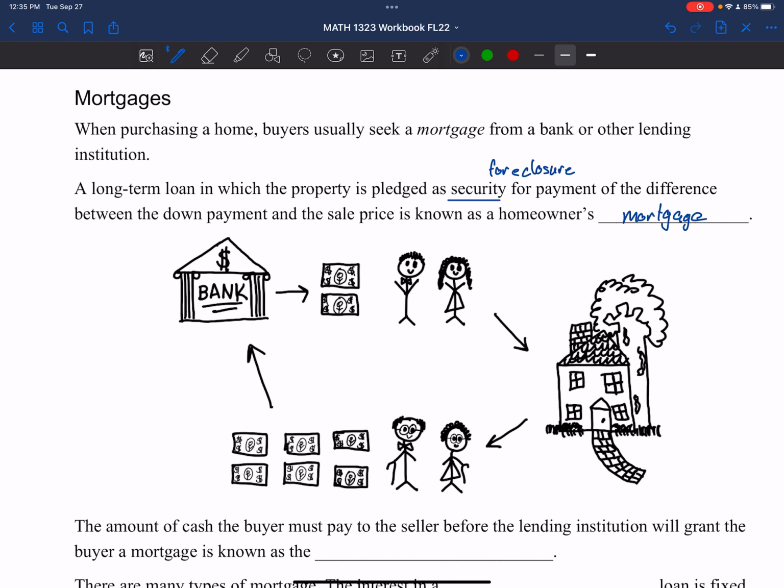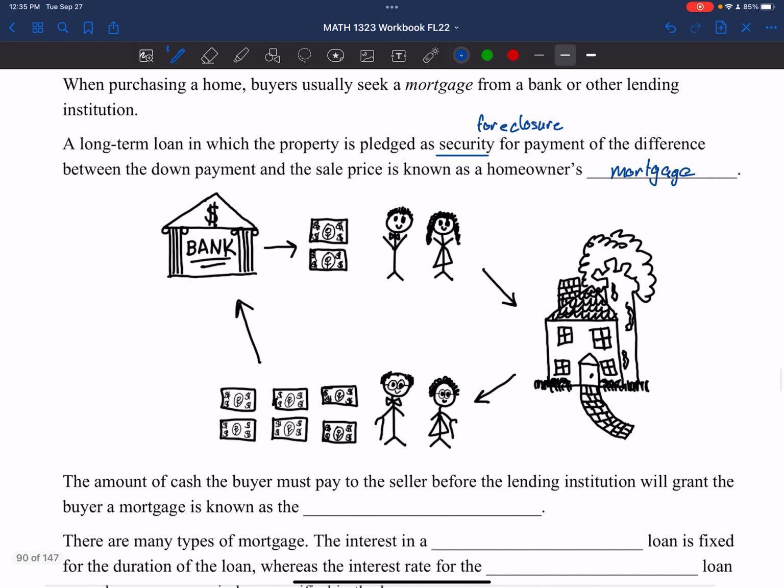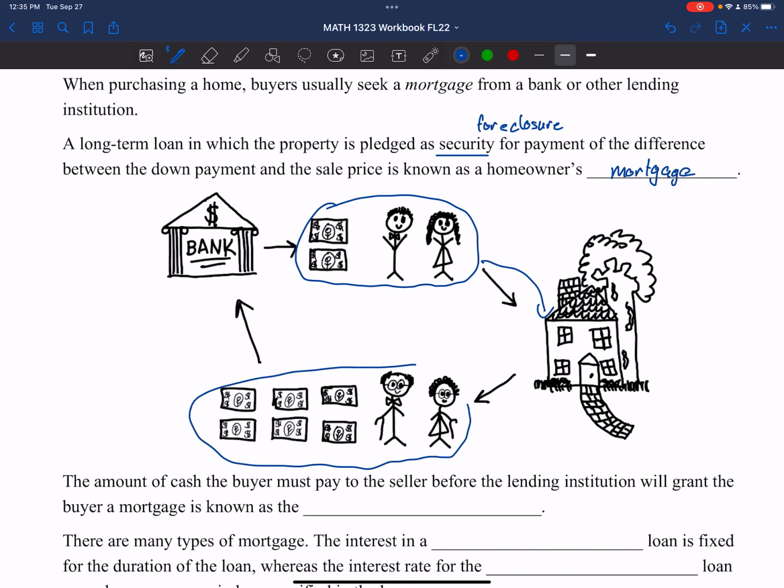The way this works is very similar to the ones above. The bank is going to give you and your family, if you have one, some money. You'll go into the house, and when you're older, typically a mortgage is 15 to 30 years. You'll end up paying a lot more money. So the poor guy, he balded.